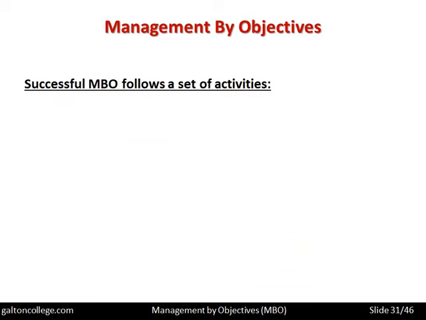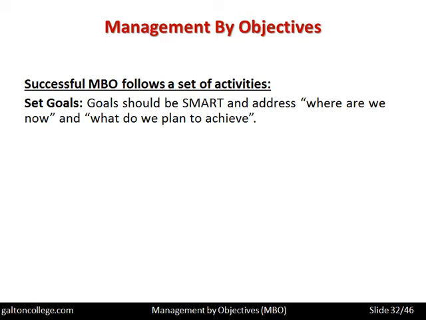Now, successful management by objectives follows a set of activities. Set goals. Goals should be SMART and address where are we now and what do we plan to achieve. So it's important that these apparently very simple questions are answered. Where are we now?